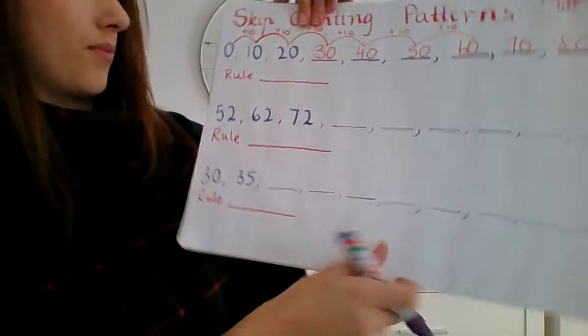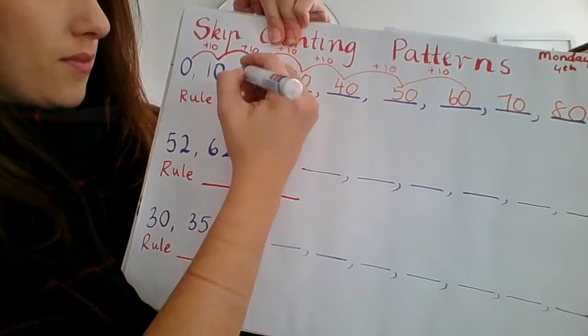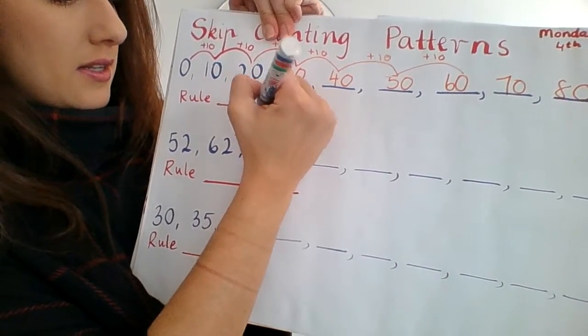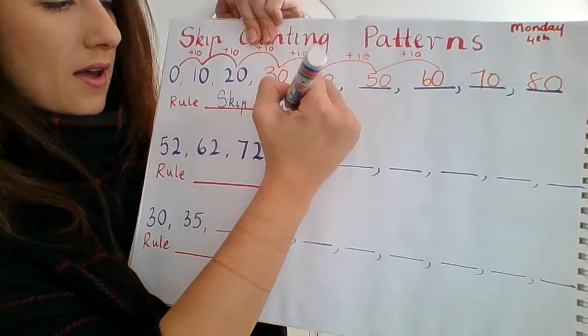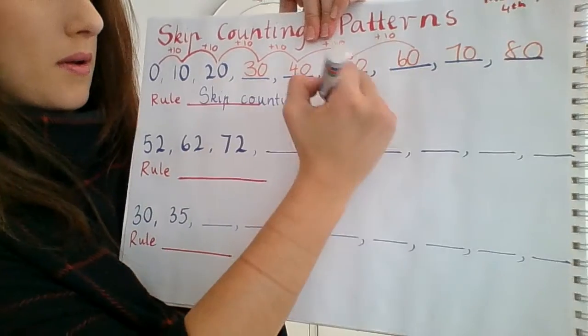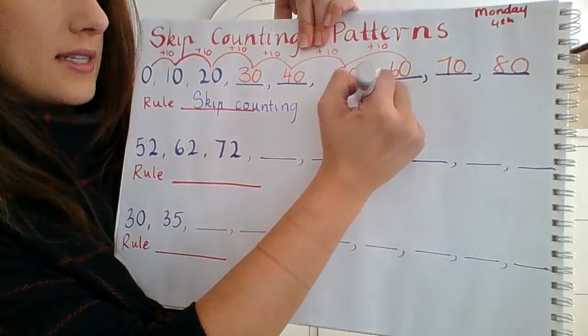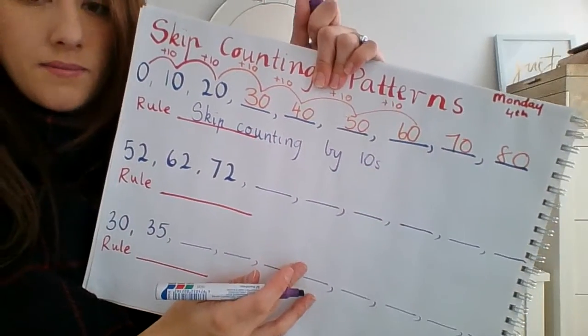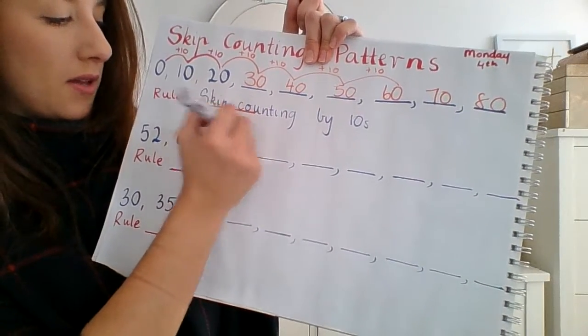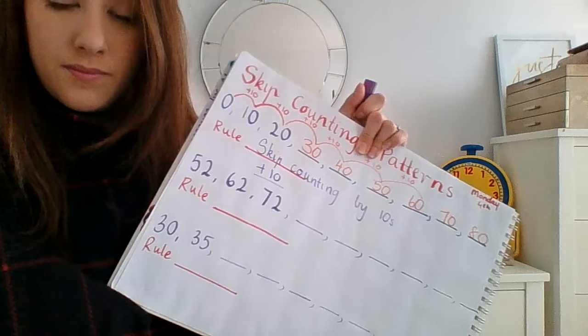So you can either write skip counting by tens, or you can just write plus 10.